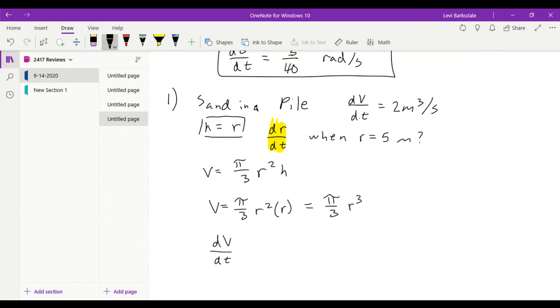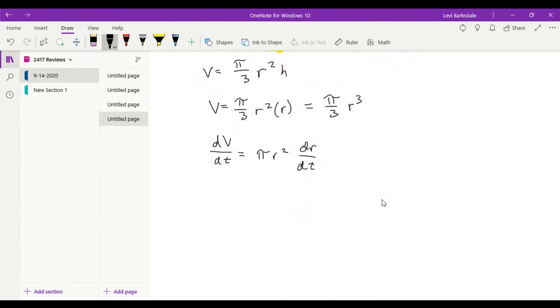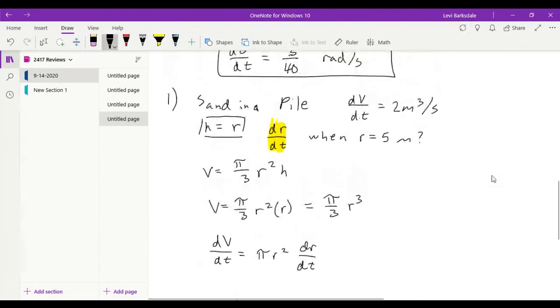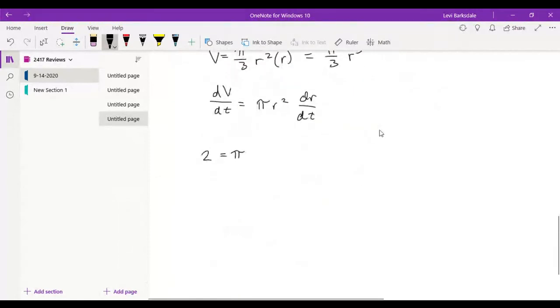So then dv dt equals, 3 and 1/3 will cancel, so we've got pi r squared dr dt. And we know that dv over dt is equal to 2. And our r is, well, it's going to be 5.